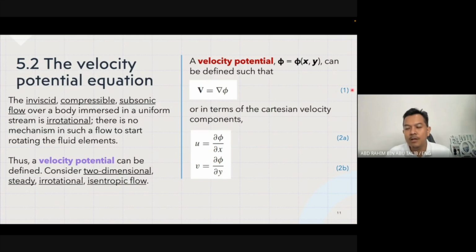Since there are so many equations involved, it is best to name this velocity potential expression as equation 1, and the Cartesian velocity components u and v as equations 2a and 2b, because we are going to refer to them again and again throughout our session today.